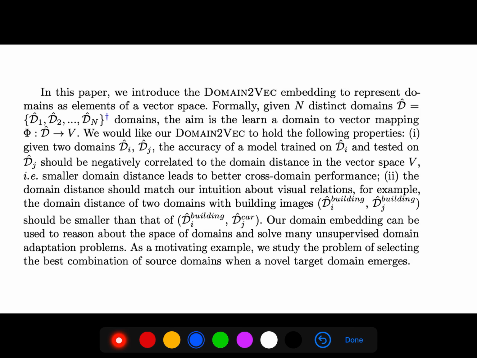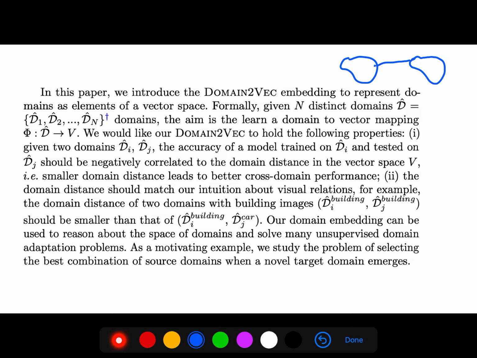Given two domains, d_i and d_j, the accuracy of a model trained on d_i and tested on d_j should be negatively correlated to the domain distance in a vector space V. For example, smaller domain distance leads to better cross-domain performance. For example, pictures of a cat with a dark blue background are close to pictures of a cat with a background of blue, or black.